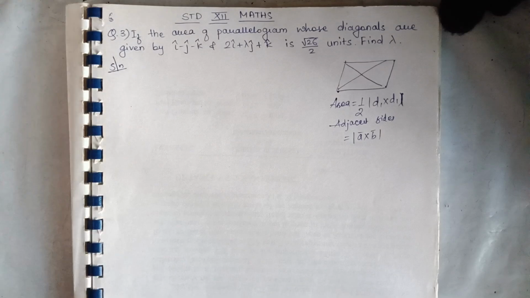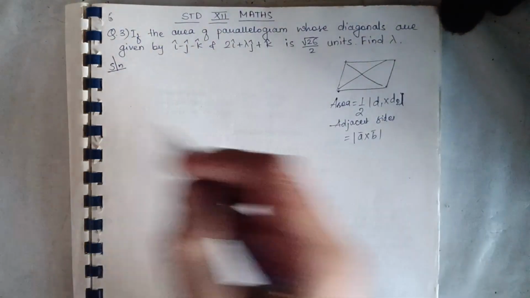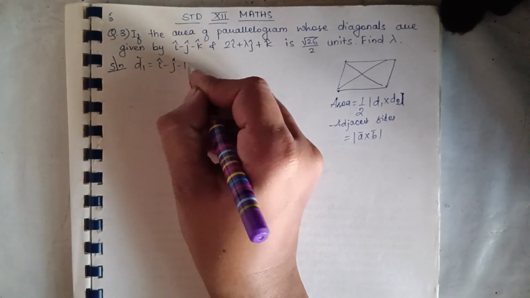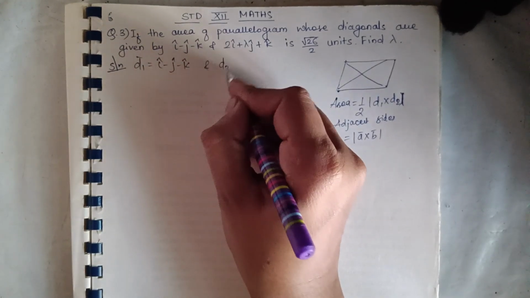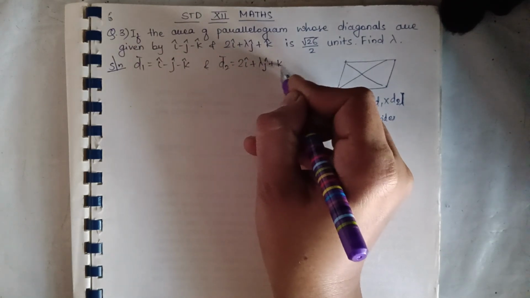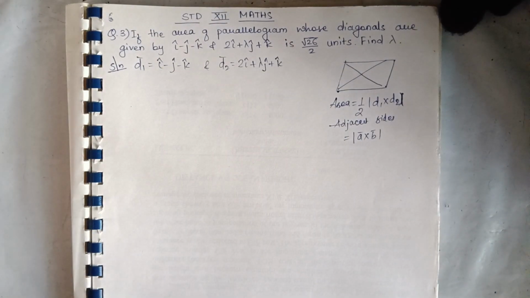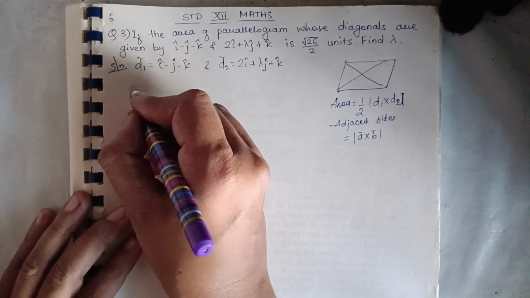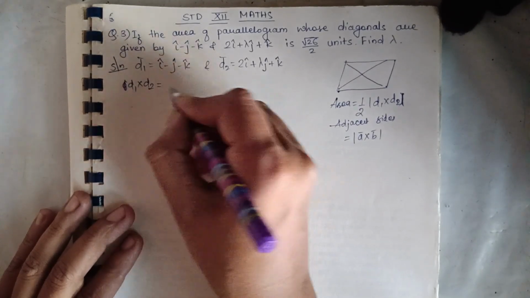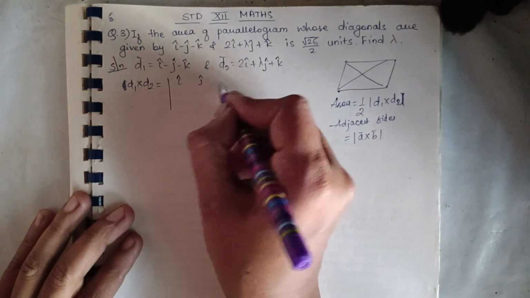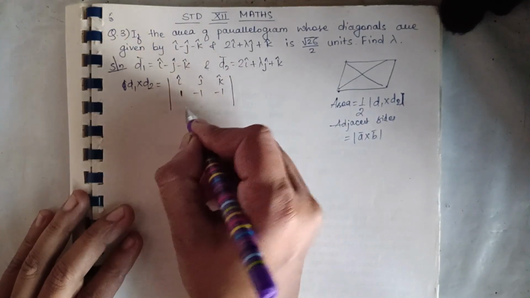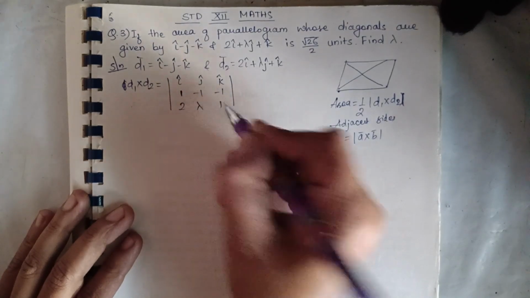Okay, so here d1 and d2 are given. So d1 is vector i minus j minus k and d2 is 2i plus lambda j plus k. Okay. So we have to first calculate the cross product. i, j, k, 1 minus 1 minus 1, 2 lambda 1.